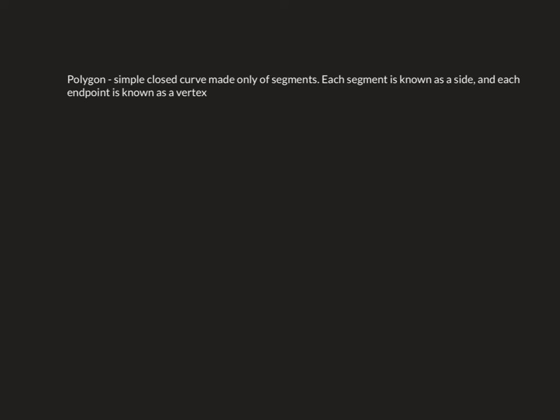Okay, and next we have polygons. So a polygon is a simple closed curve that's made of only line segments. So simple closed curve made of straight line segments.